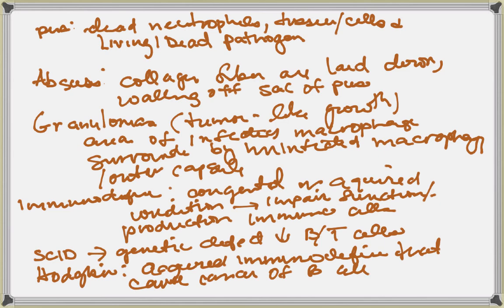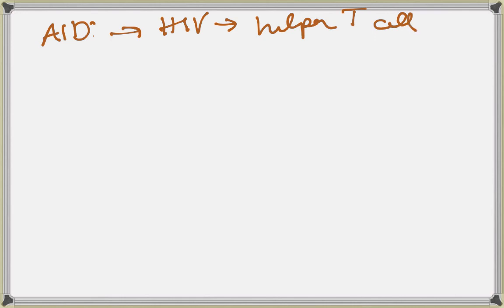And so basically, this is going to depress lymph node cells and thus lead to immunodeficiency. AIDS, acquired immunodeficiency syndrome, is caused by HIV, or human immunodeficiency virus. And basically, it interferes with the activity of helper cells. So you can get severe weight loss, night sweats, swollen lymph nodes.